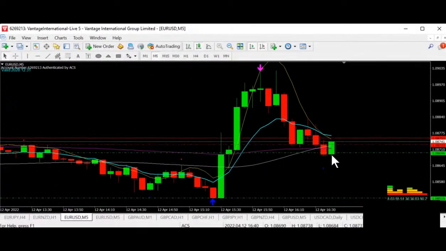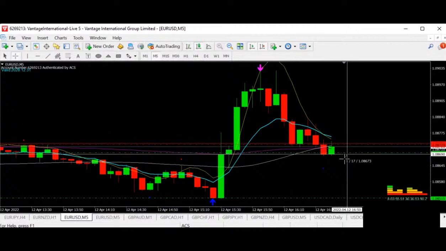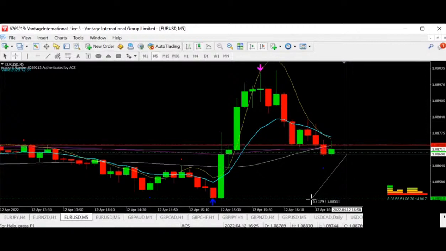In this resistance area there is a lower resistance, and we have a support that became a resistance. Taking a chance like this, we have a bigger space where there's no support until we meet around 17 to 18 pips.